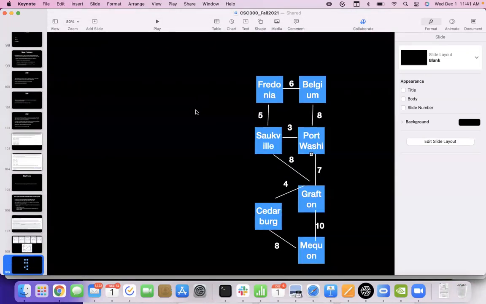Okay. So we're going to keep a couple of other pieces of information about each of these guys. Let's see, how do I want to represent that? I think I'm just going to do text boxes.